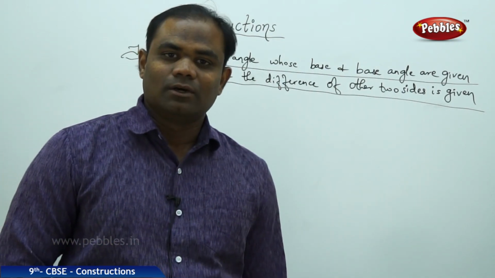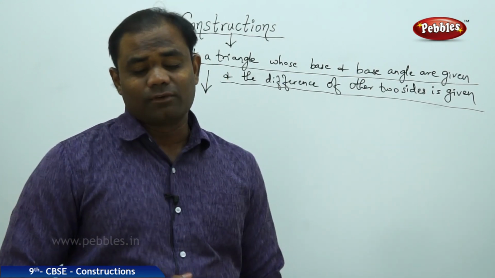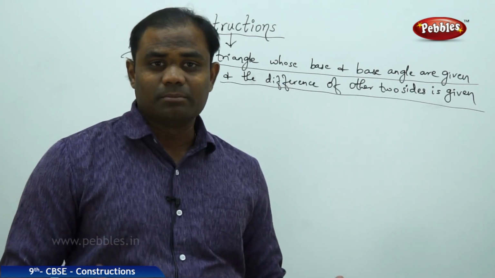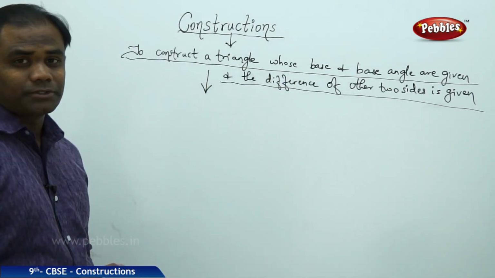So let's see how we can construct a triangle if there are difference of the other two sides which are given along with the base and the base angle. So let's see the construction process.